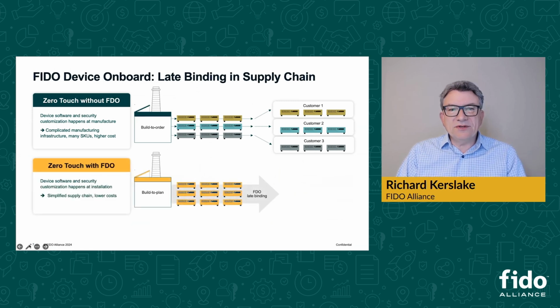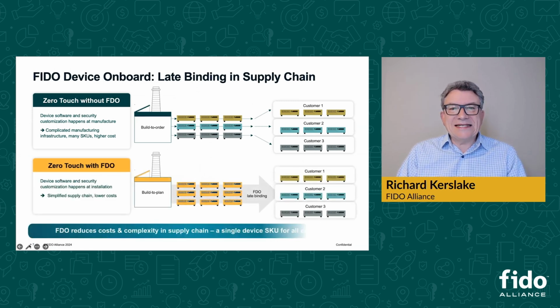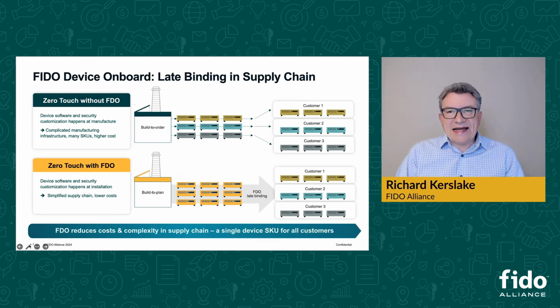With FDO, you don't need to do that. You can build identical devices and then just ship them to each customer, the same device. And because that link between the device and the cloud only takes place at the point of onboarding, there's no need to uniquely program each device. You can basically have a single device for all customers.